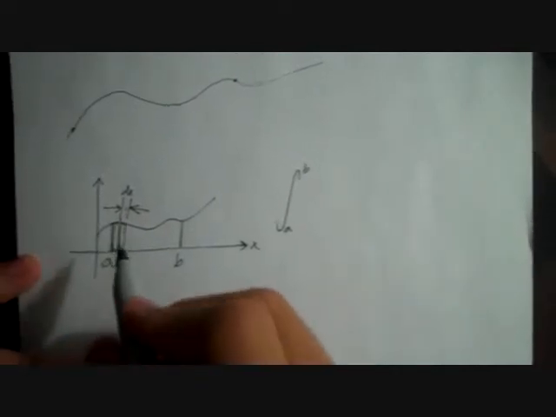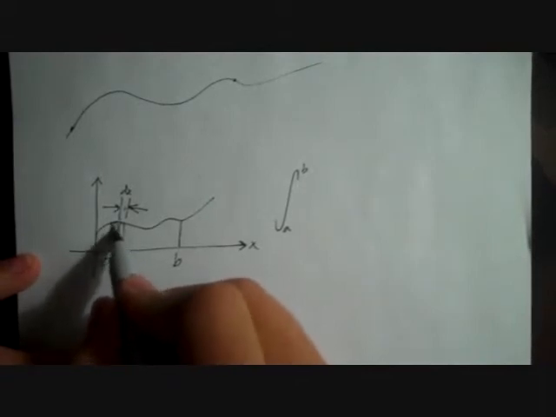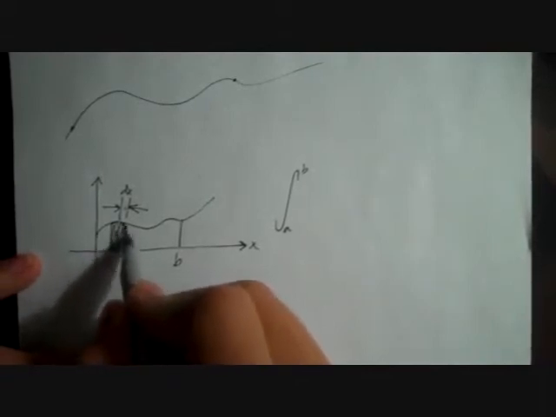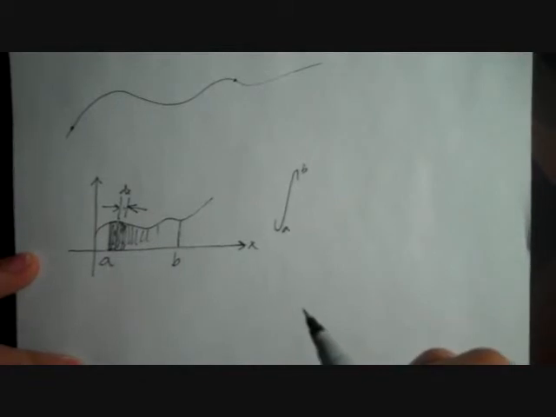So to find the area, we add up the infinitely small areas underneath the curve, right?